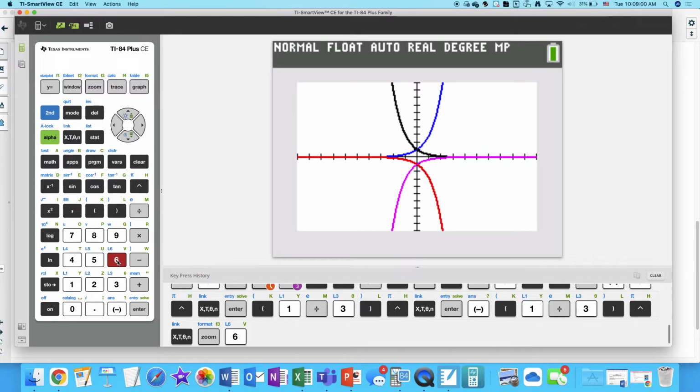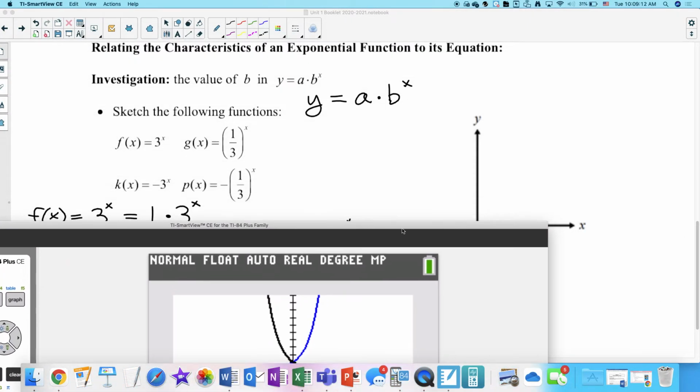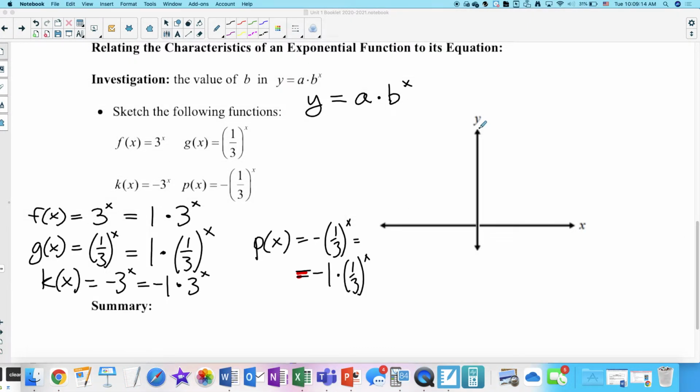Okay? So we get this, there's a lot of reflection going on here, right? But we get these few graphs. So if we just copy this out, this one was the f of x.